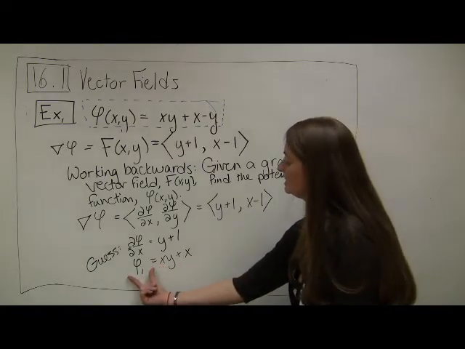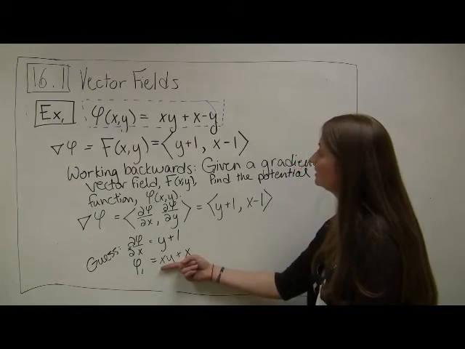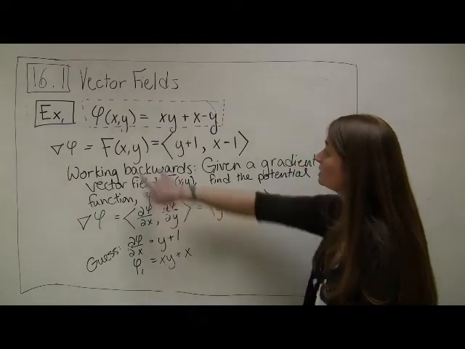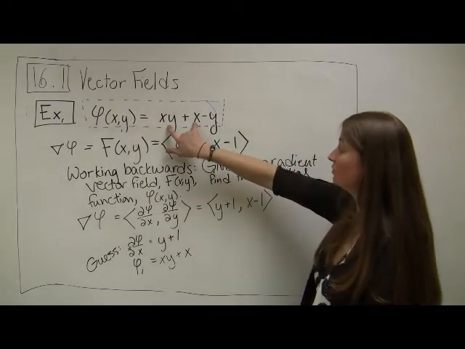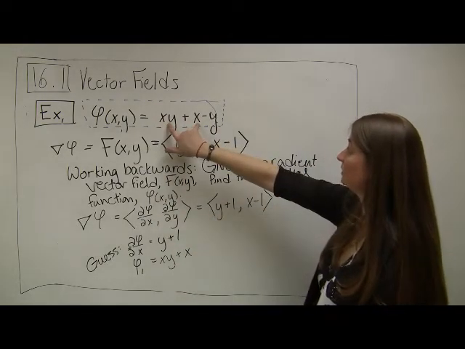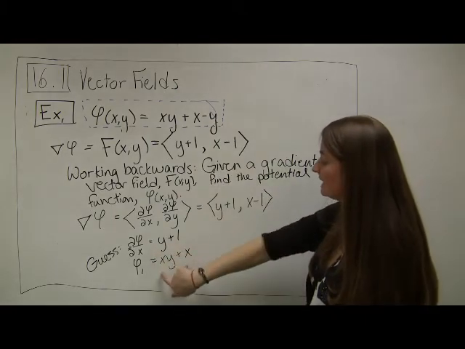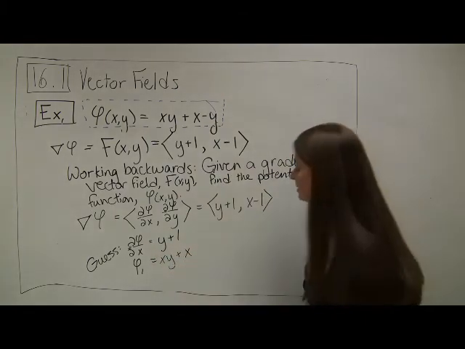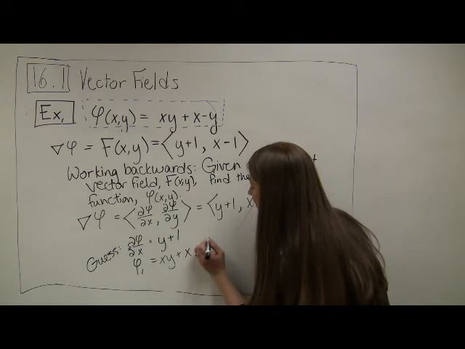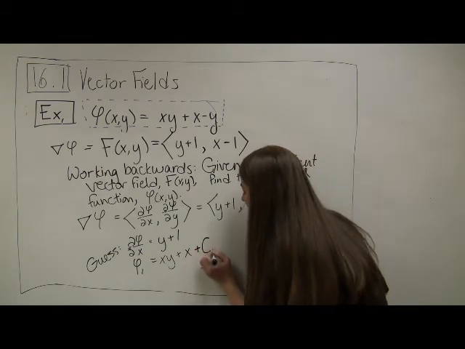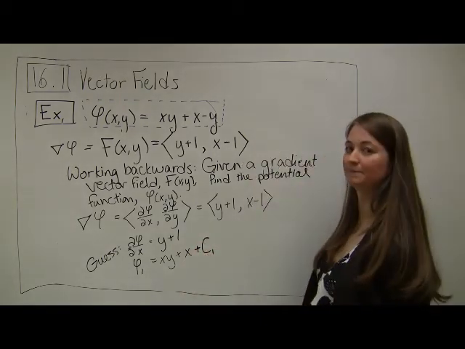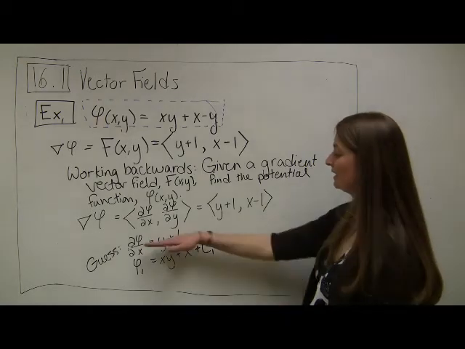But notice that this phi function neglects the fact that it's close to the original. We're working backwards, we're trying to get to the original function, but we left out this y term. Why did we leave it out? It's because anytime you anti-differentiate, you need to make sure that you keep track of your constant. We know this from back in the day.